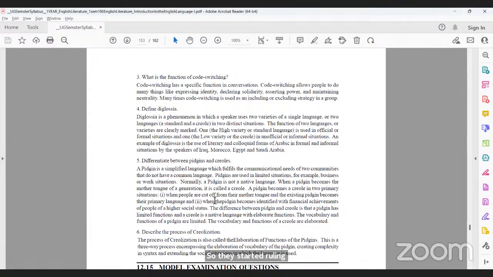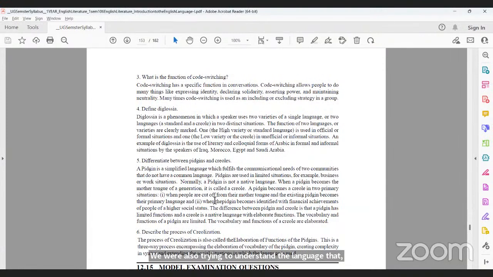Now, in order to rule and in order to spread their trading system in our country, they were also trying to understand a few words in terms of communication. And we people, when we were communicating with them, we were also trying to understand their language.